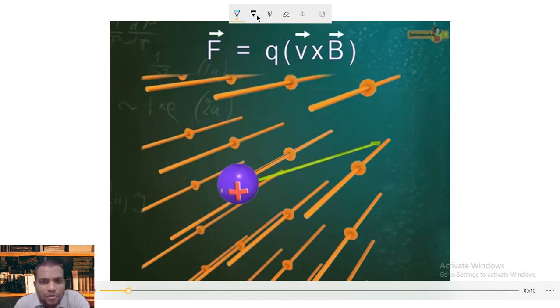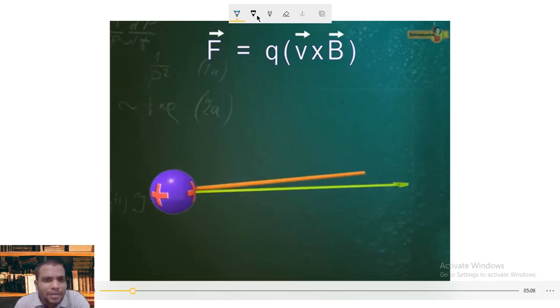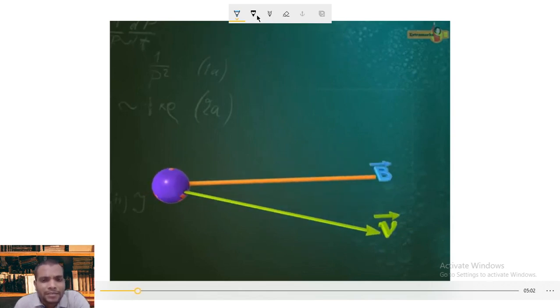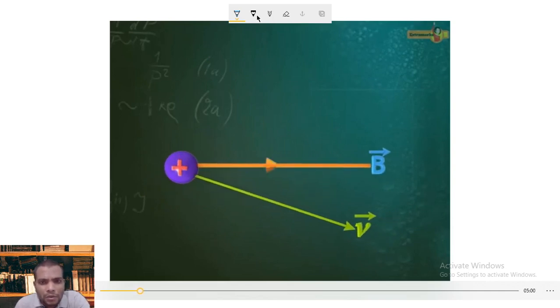Now that force is due to the velocity of the charged particle and the magnetic field direction. Since they both are vectors, the resultant force will act on the charged particle and cause the deflection. We can understand this by applying Fleming's rule.